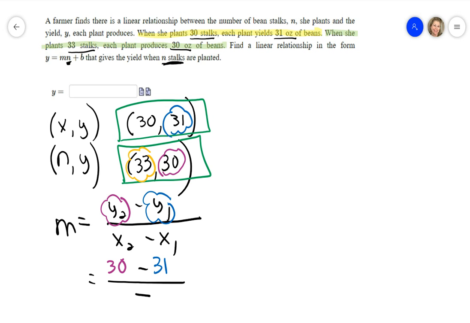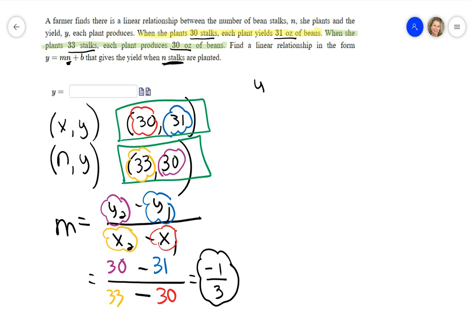X sub 2, the x coordinate of the second point, is 33, minus x sub 1, and that is the x coordinate of the first point. That would be 30. Sorry, I forgot to circle that in yellow. All right, so now it's me and my awesome math skills. 30 take away 31 is a -1. 33 minus 30 is a 3. So this is my slope.